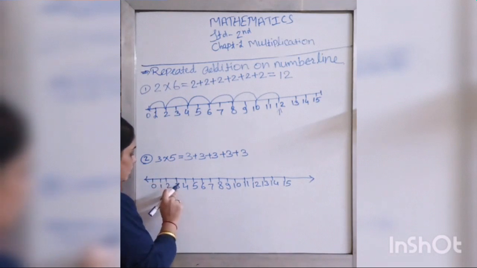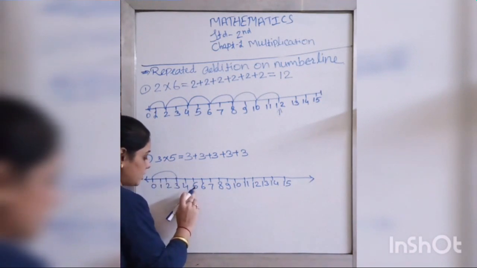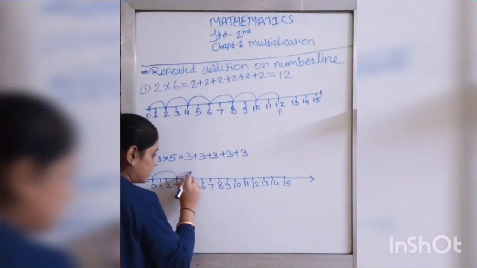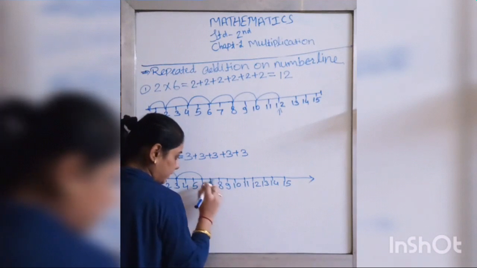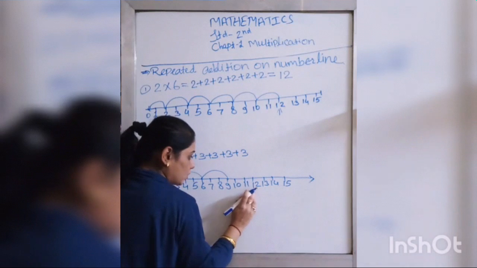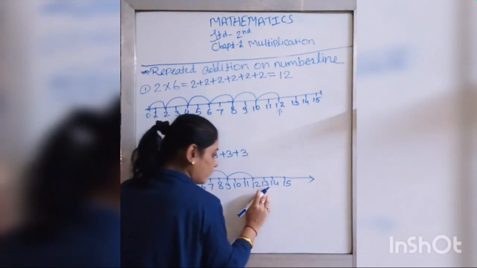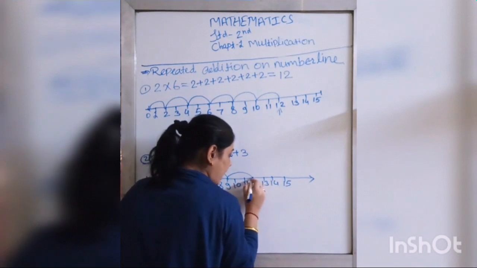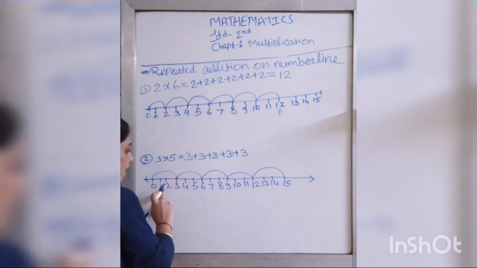1, 2, 3. This is 1 time. Again 1, 2, 3. This is 2 times. 1, 2, 3. 3 times. Again 1, 2, 3. 4 times, and 1, 2, 3. As we are going to add this 3, how many times? 5 times.